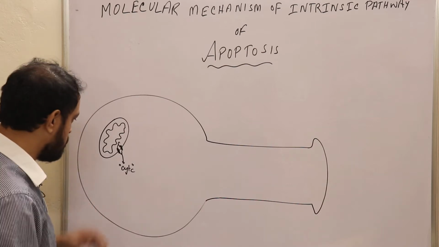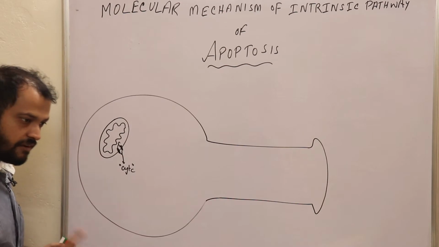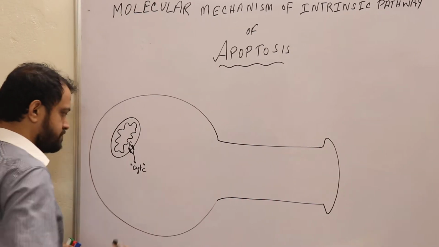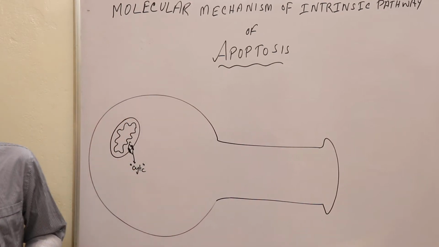Now the point you need to understand is this: after the escape of cytochrome C, you will have to know something called some proteins, okay? Now listen.